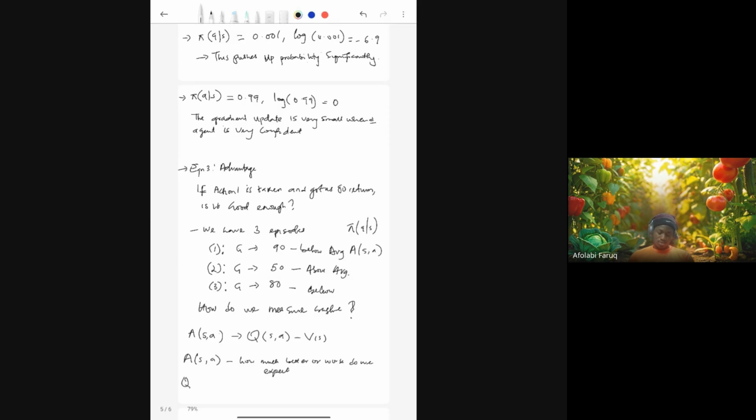Q of S comma A is the actual return when taking action in a state.